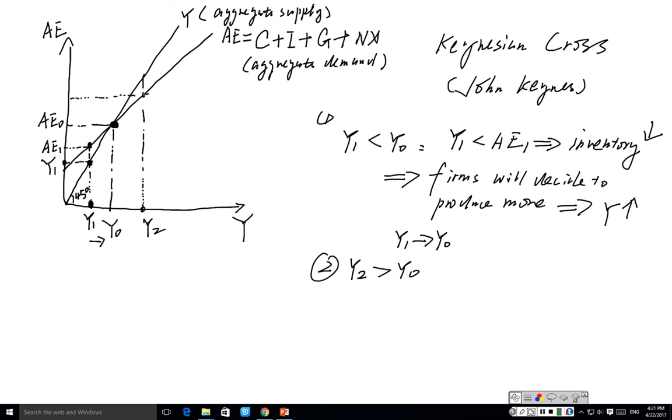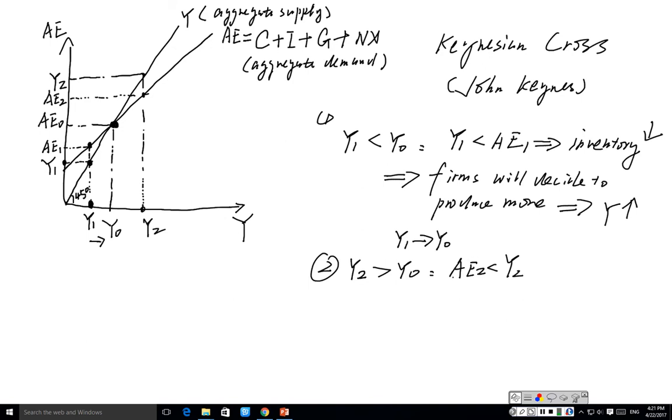This tells you what the aggregate expenditure will be under this output level, AE2. It also tells you Y2, the GDP level. And you can see the aggregate expenditure AE2 here is smaller than Y2.